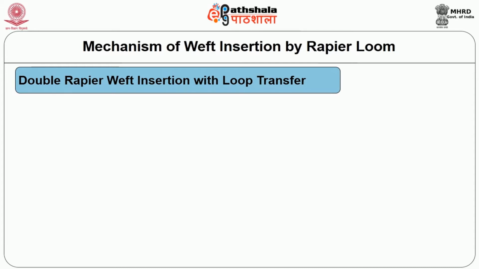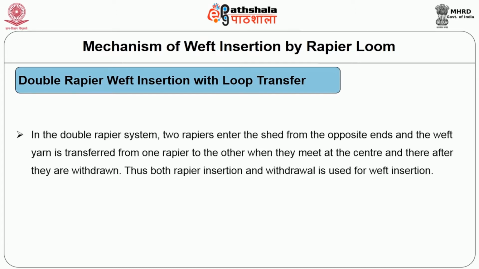In the double rapier system, two rapiers enter the shed from the opposite ends, and the weft yarn is transferred from one rapier to the other when they meet at the center, and thereafter they are withdrawn. Thus, both rapier insertion and withdrawal is used for weft insertion.